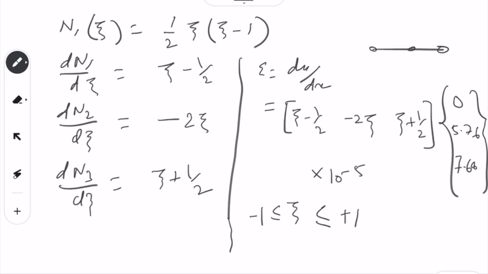So this will be a linear combination of this one, so this multiplied with zeros becomes 0.